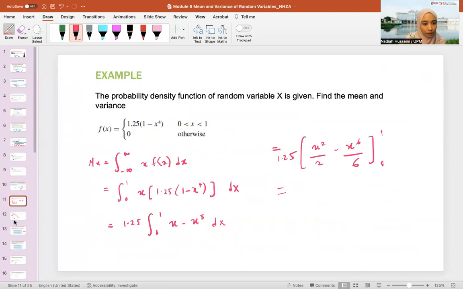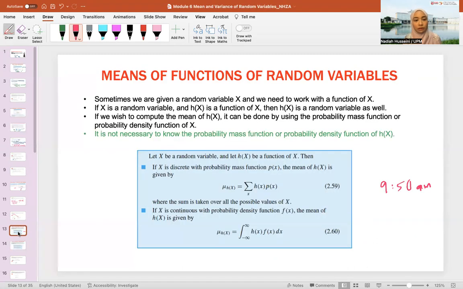Okay, let's go back to our content. So now we're going to talk about means of functions of random variables. We have not talked about functions of random variables before, so this is new. What is a function of a random variable? For example, I have a random variable x, we know this. And I want to define a function of x.